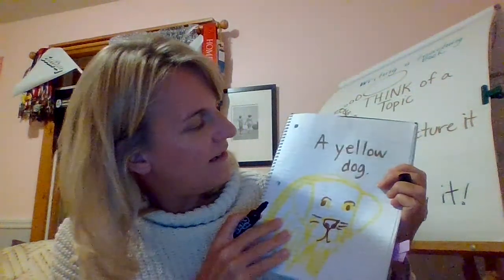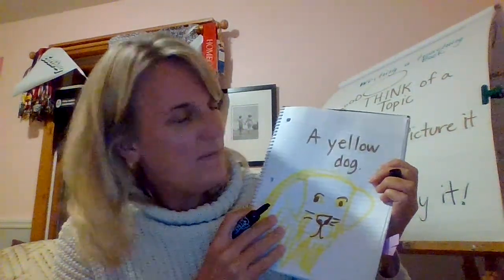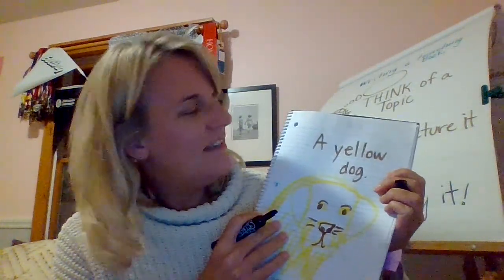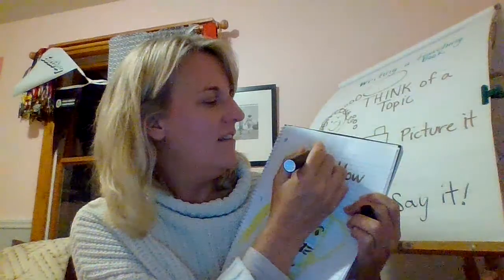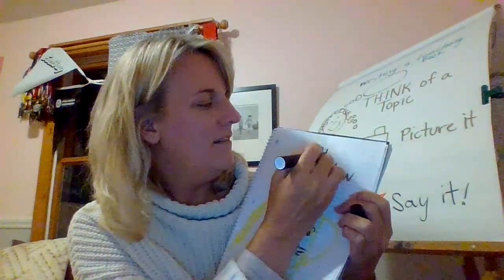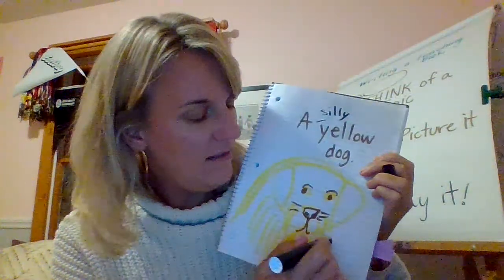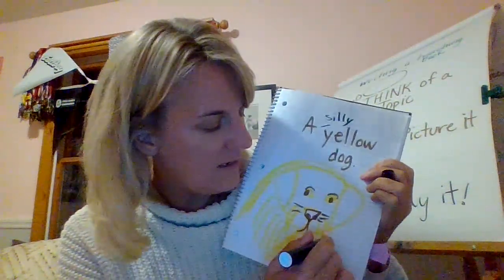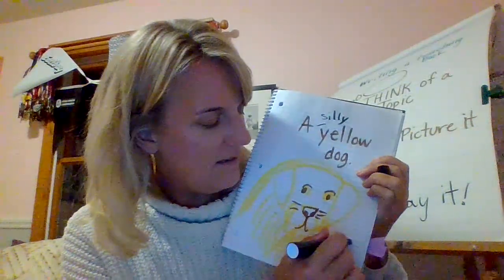Now here is about Daisy Dog. Maybe I want to make it fun. What if I say a silly yellow dog? And then how about if I say, let's go to a farm or something like that at the end. That could be my ending I add.